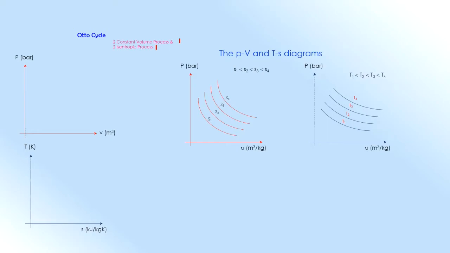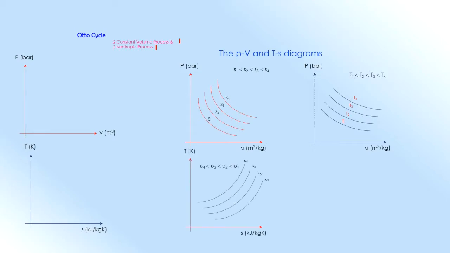The highest temperature is T4 and the lowest temperature is T1 on the PV diagram. For two isentropic processes, we have to draw two isentropic curves on the PV diagram, as well as two constant volume lines.